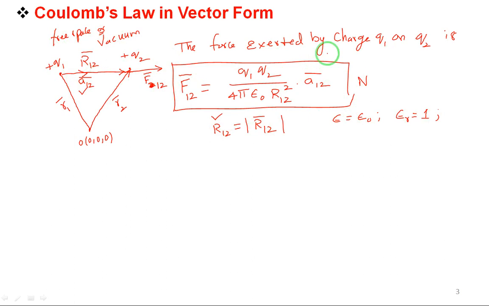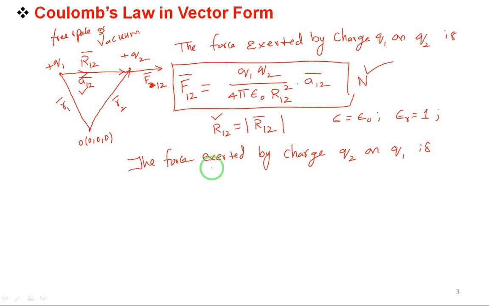Then the same thing, I want to find out the force experienced by the charge Q1, right? The force exerted by charge Q2 on Q1 we will find out next. Already we have seen the force exerted by charge Q1 on Q2. This is the formula we got.